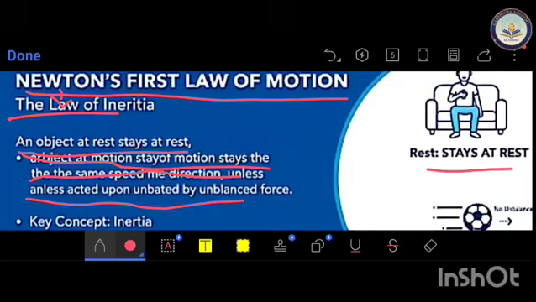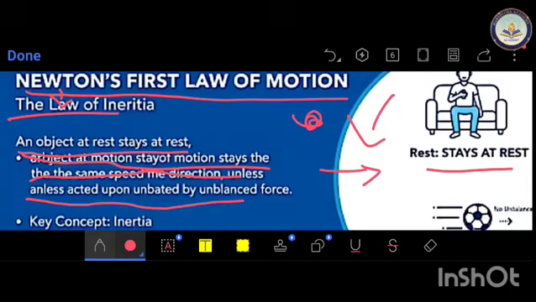So what do we conclude here? An object stays at rest, or in motion in a straight line, unless an external unbalanced force is applied on it. For example, take a football. It stays at rest unless an external unbalanced force, meaning the net force is not 0, acts on it, such as a kick given by a player.